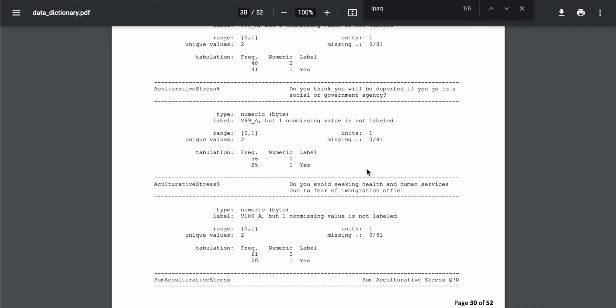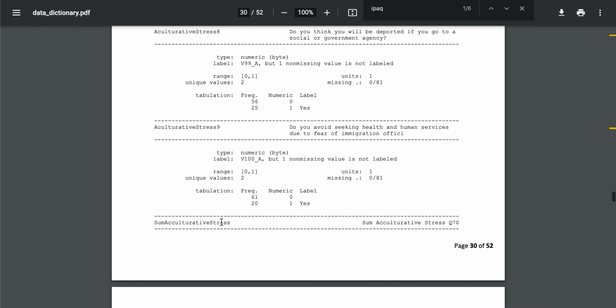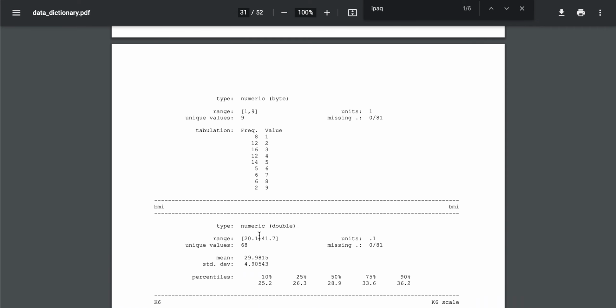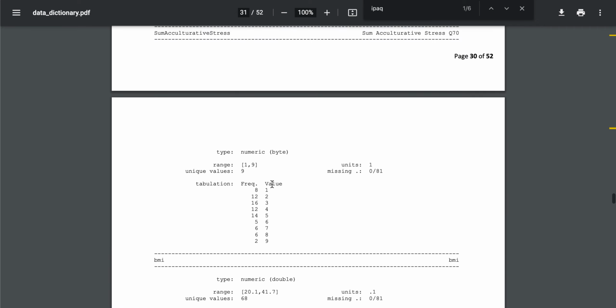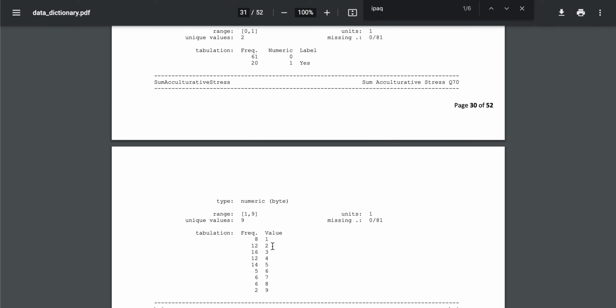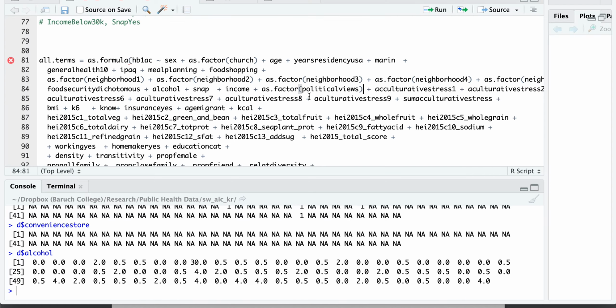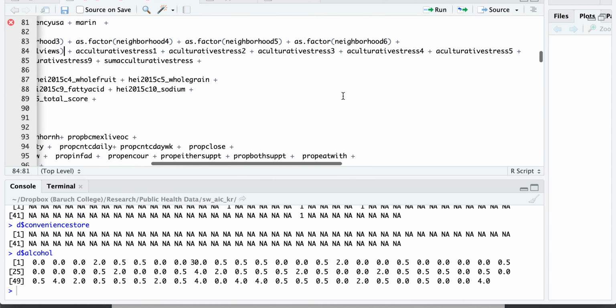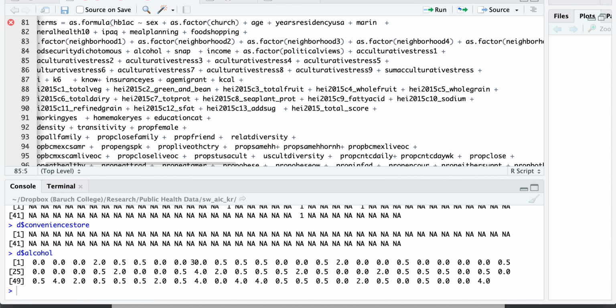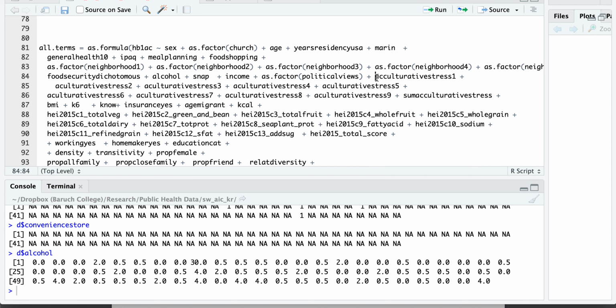I don't want to hold you up on that, but then there's a summary of it, which is numerical, I think. Is it numerical? Yeah, it is numerical, value 1 to 8, and so let's look at them. Acculturative stress from 1 to 8, and then we have the sum.